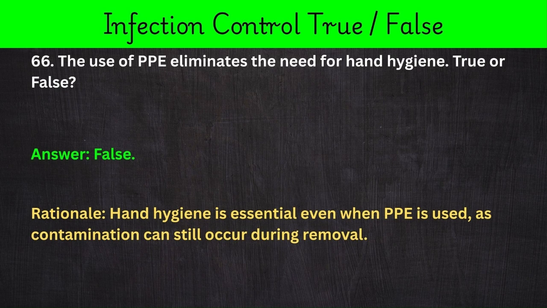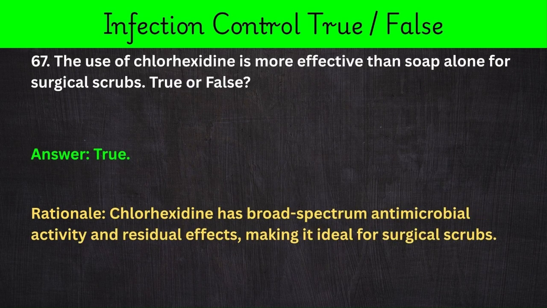Rationale: hand hygiene is essential even when PPE is used, as contamination can still occur during removal. 67. The use of chlorhexidine is more effective than soap alone for surgical scrubs. True or false? Answer: true. Rationale: chlorhexidine has broad-spectrum antimicrobial activity and residual effects, making it ideal for surgical scrubs.